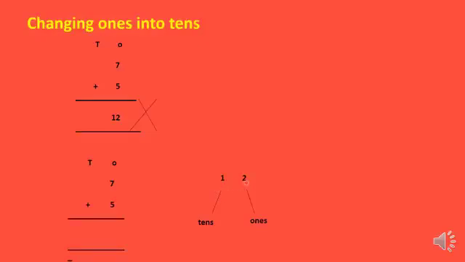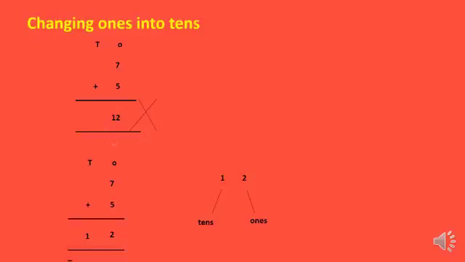So we have to write this 2 in the ones place, and we have to write 1 in the tens place. Did you understand, children? 7 plus 5, 12. But we can't write 12 like this.